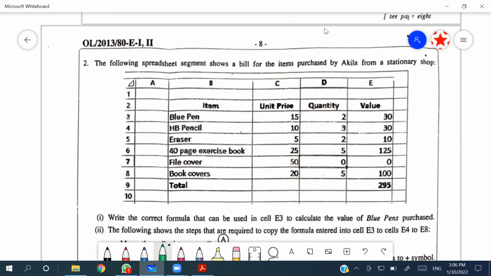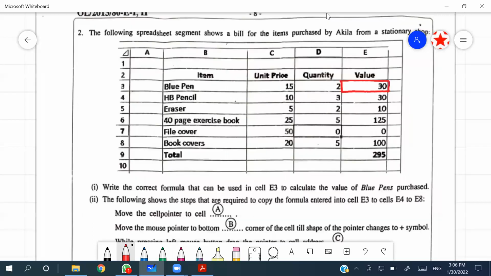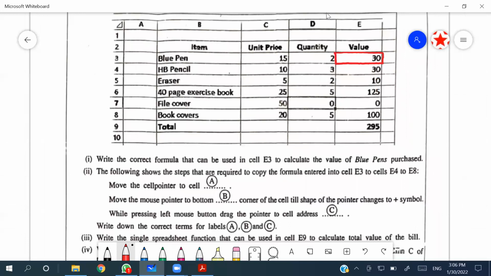So the first question is asking, write the correct formula that can be used in cell E3. E3 means right over here. This is E3. To calculate the value of blue pens purchased. So to take 30, 15 should be multiplied by 2, right? So that is something easy.